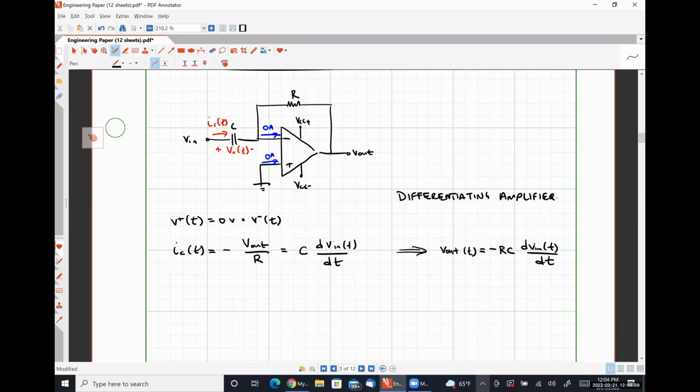Other parts of the chip are made to behave like capacitors. Other parts are made to behave like transistors and all that kind of good stuff. So it's not that you go buy parts off the shelf. It is an integrated package that was designed by somebody to fulfill a specific role. So an op amp in and of itself is an integrated circuit.